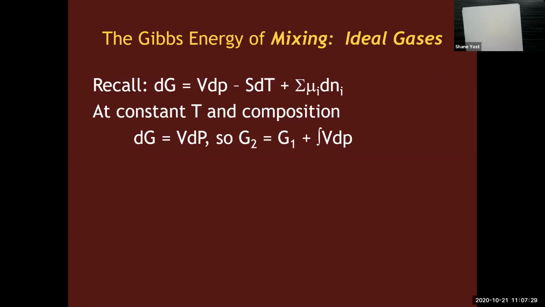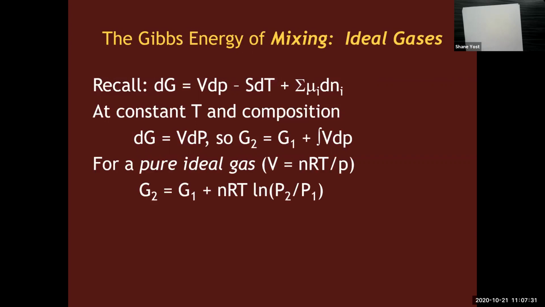And if I have an ideal gas, that final Gibbs free energy is just the initial plus nRT ln P final over P initial, using our simple ideal gas law. We've derived this equation like 3 times before, the relationship between delta G and a change in pressure for an ideal gas. Hopefully it looks familiar.